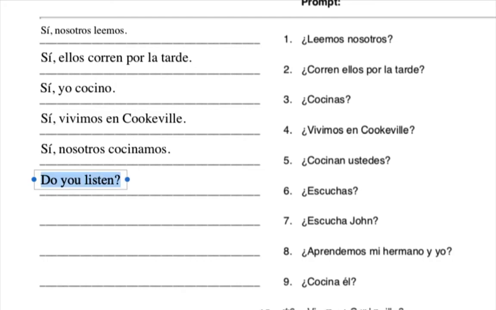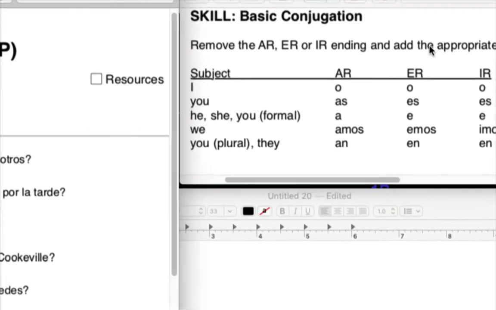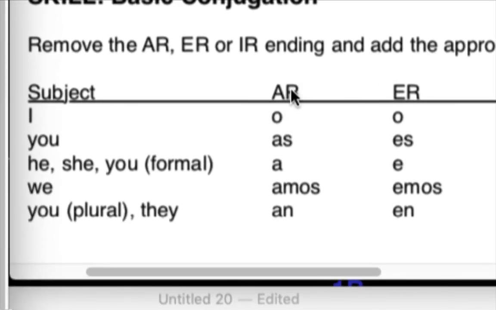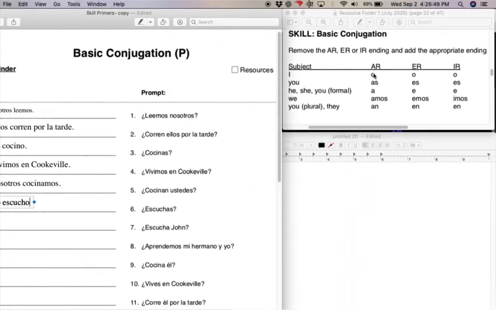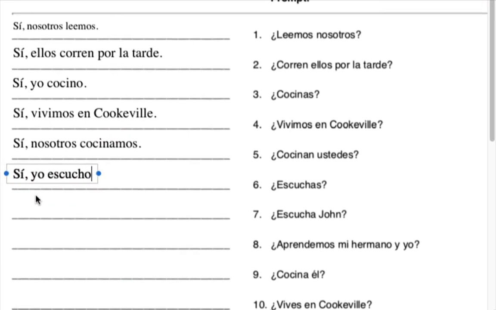So I want to say yes, I listen. Sí, yo. And then I got escuchar, take off the AR, add an O. Because AR verbs for yes, I listen. AR, I. The letter O is my ending. So sí, yo escucho.